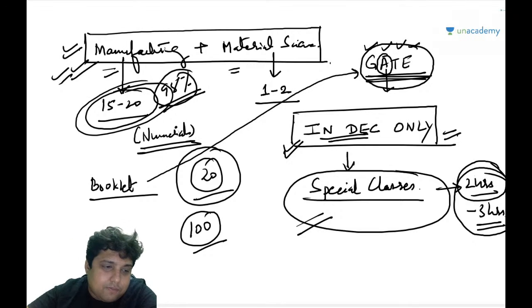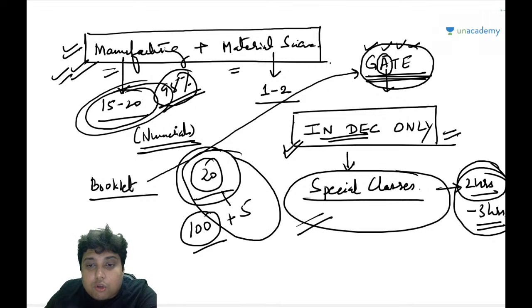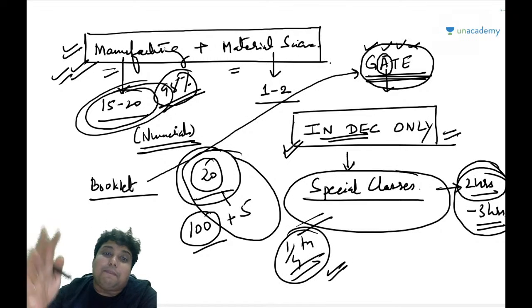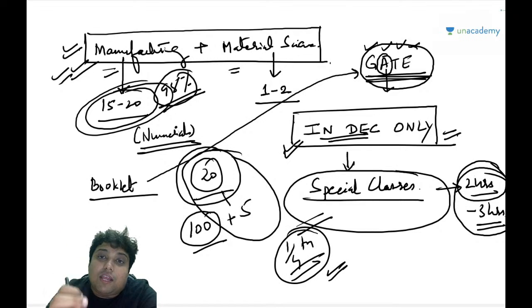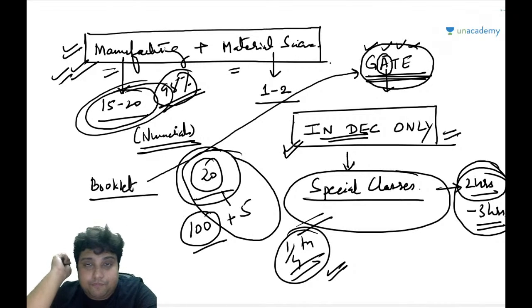And we have already covered industrial, so 5 marks are already there. So 20 plus 5, 25% of the entire GATE paper I will be covering in the month of December only. And I am telling you, the impact of this special class is going to be huge.